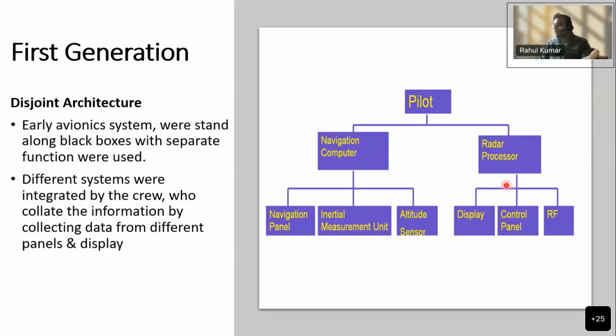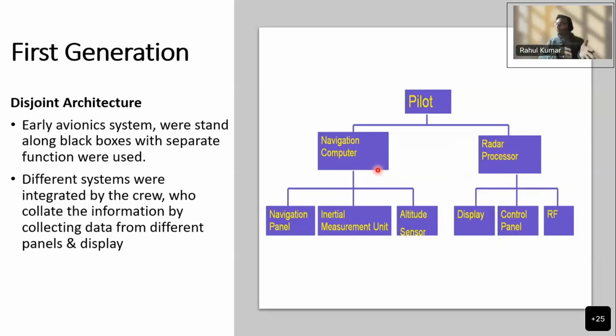So these disjoint architectures were individual units consisting of their own sensor, processor and display units. Now in older aircraft, or in earlier days, this was feasible, that the pilot would read all the individual panels, collect the information and process it, right?